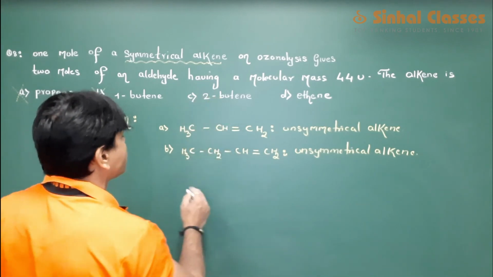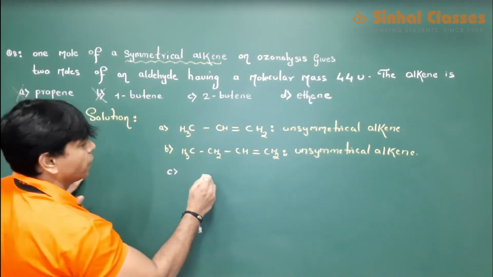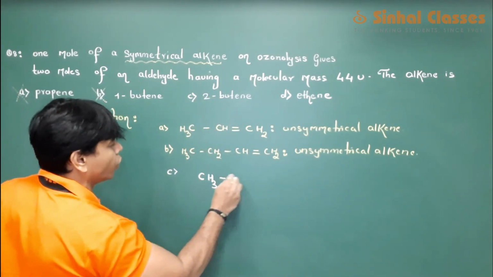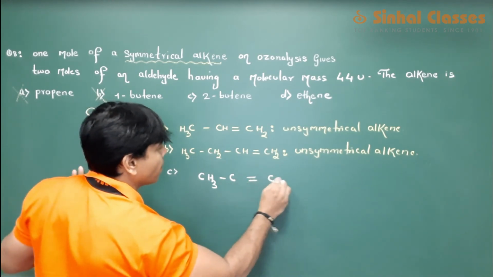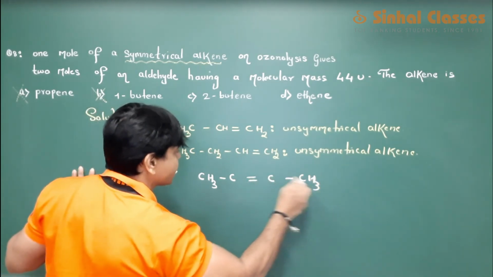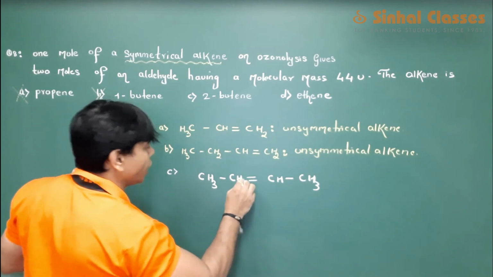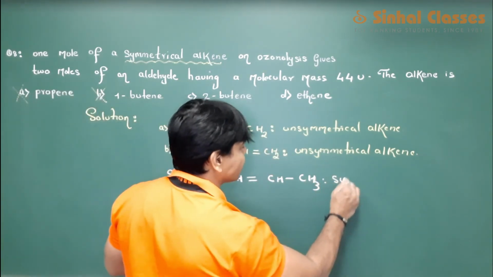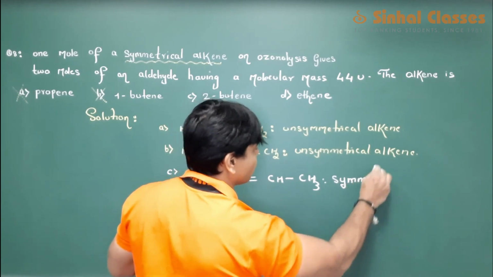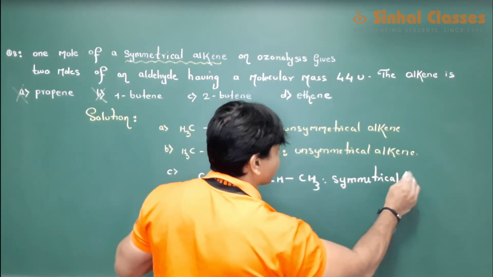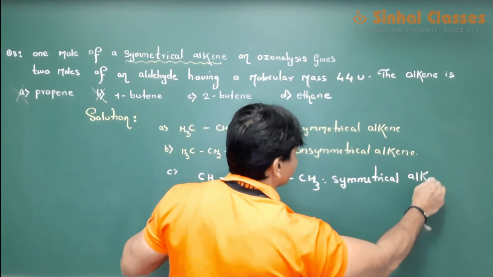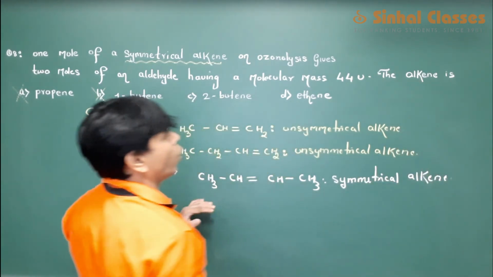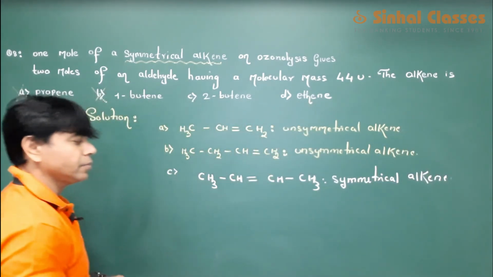What about butene? This is butene. Yes, it is symmetrical alkene. What about ethene?